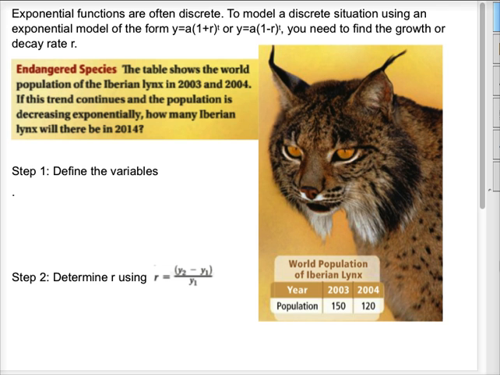All right. So, in this case, we need to label our variables. I'm going to let T be the number of years, and my Y is going to be the number of lynxes.